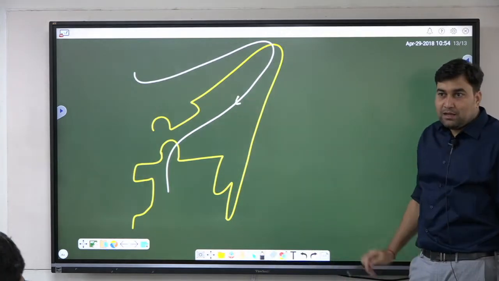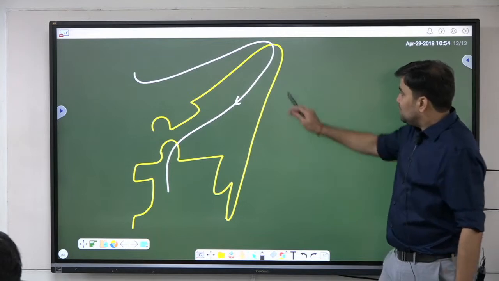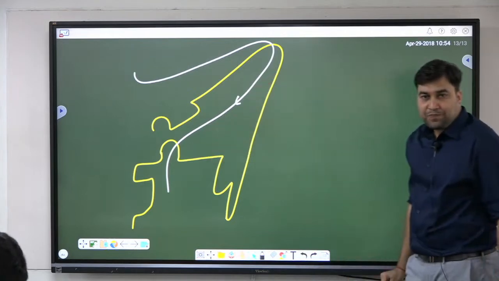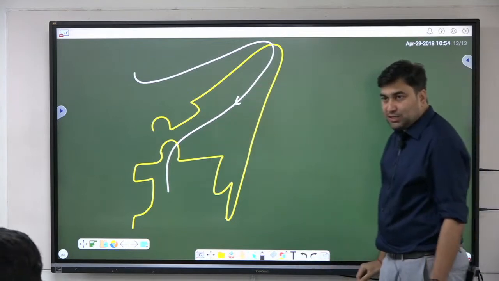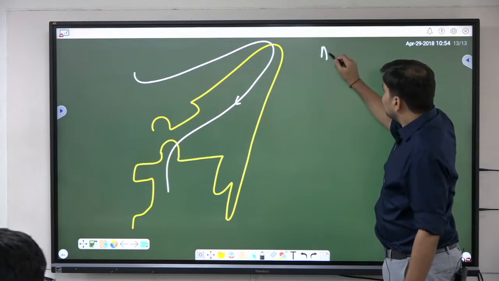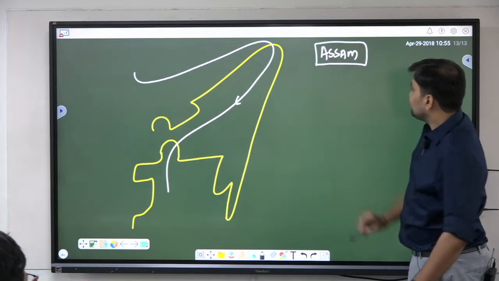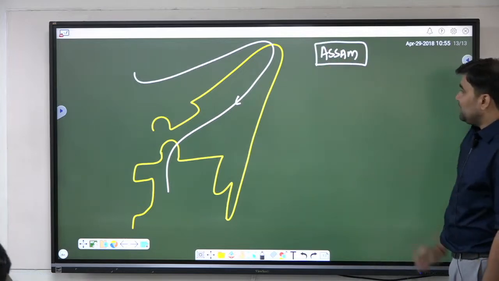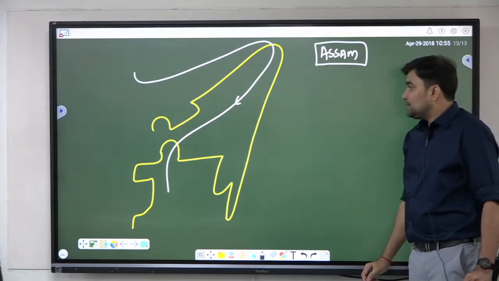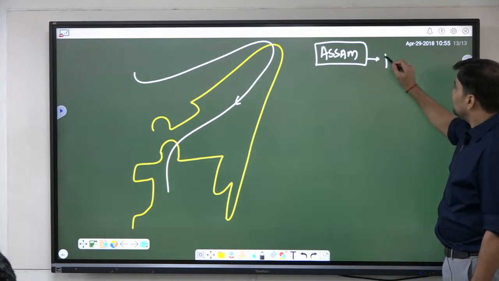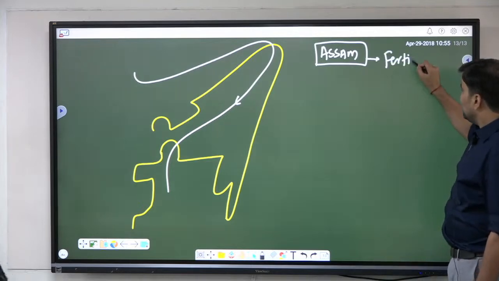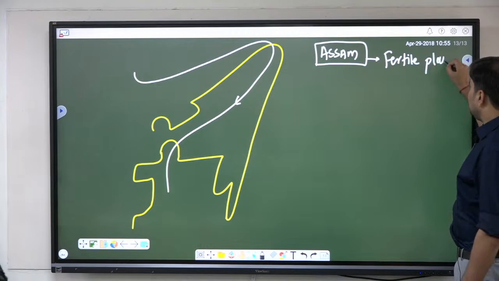Here you have Assam, and here you have Bangladesh. Just be attentive; you can write with me. Assam has a fertile plain area.